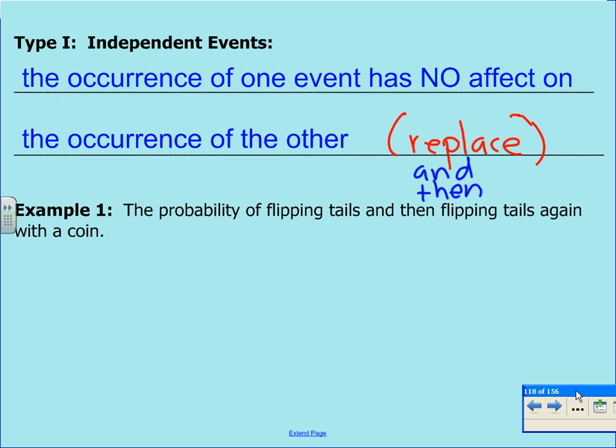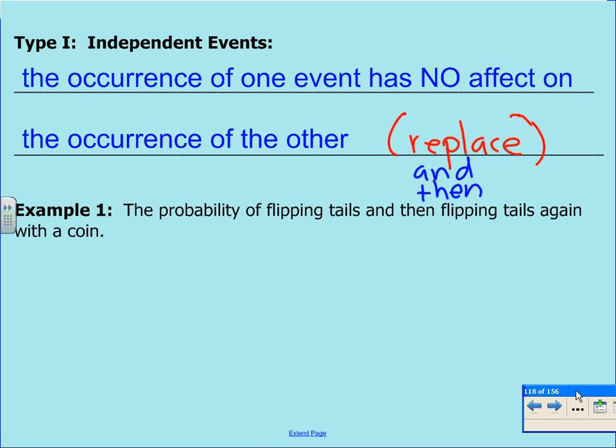So the probability of flipping tails and then flipping tails again with a coin. My first question to you is, why is that independent? Why? Alyssa, why? Yeah, doesn't matter what happens. It's not like Alyssa's going to flip the coin and something's going to happen to it before she flips it again.